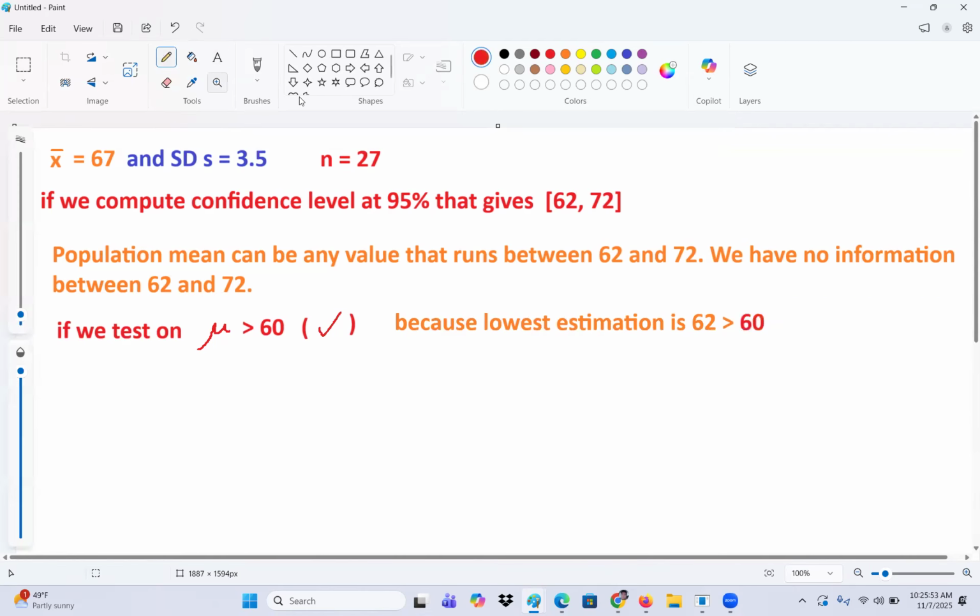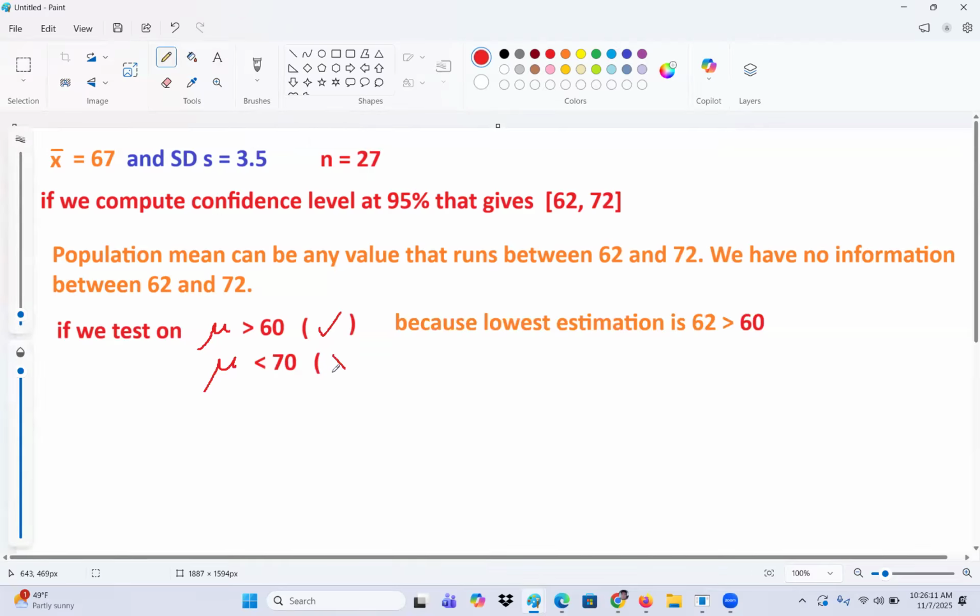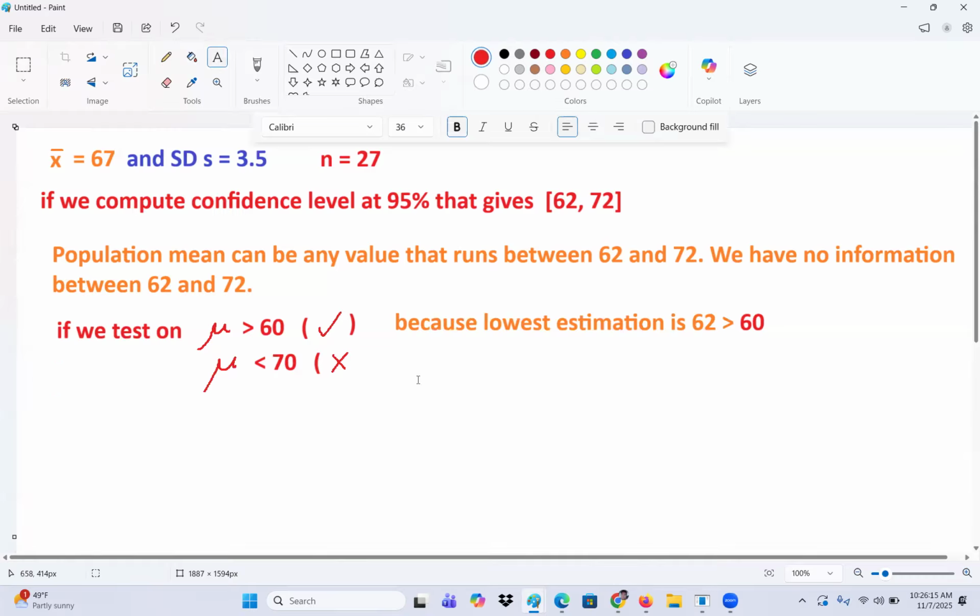But if you test on the mean between 62 and 72, let's say I want to know if the mean was less than 70, this one we cannot say anything because, like I said, the lowest point will be 62. The average can turn out to be 71 or 72.